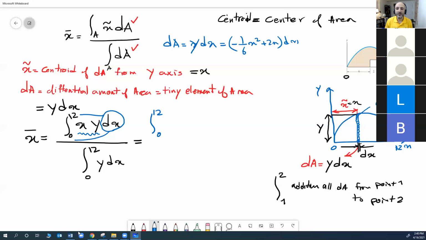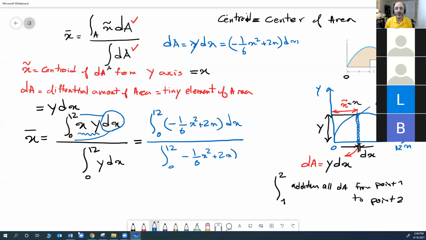The integral from 0 to 12 of x times negative 1/6 x squared plus 2x dx. Oh, there's an x here. Sorry. Okay, so if you do the integral, you're going to get 288.